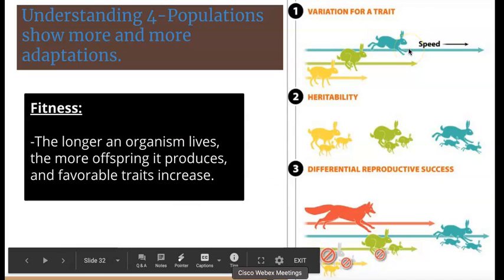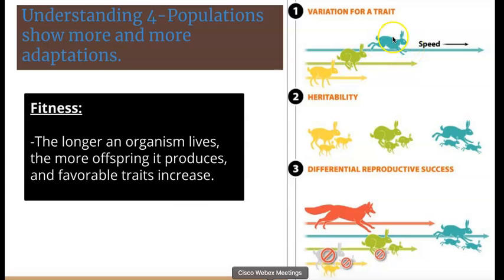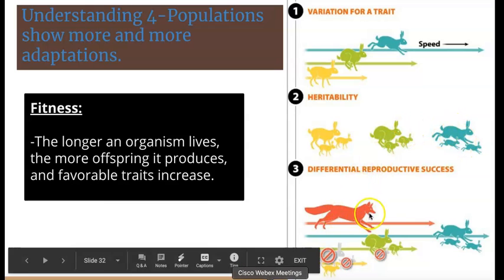We have a variation. Some rabbits are faster than others. We have fast, medium, and slow rabbit. They all have babies, so they all can pass on their speed trait to their babies. In comes Mr. Fox, and it needs to eat, so it chases the rabbits. It obviously will get the slowest rabbits first.